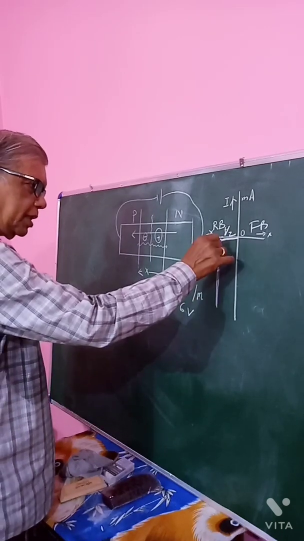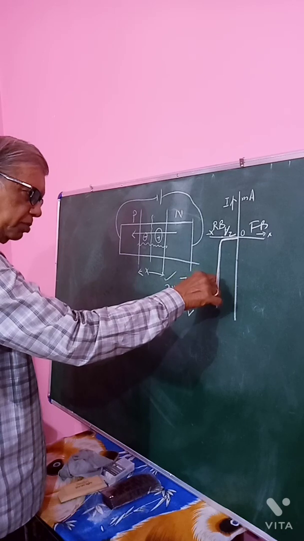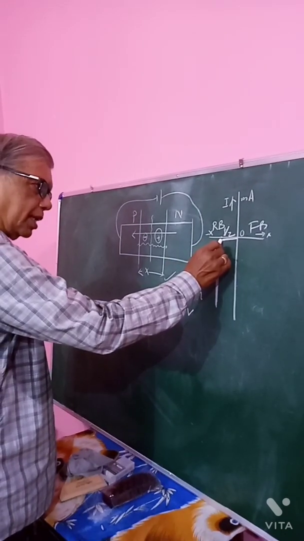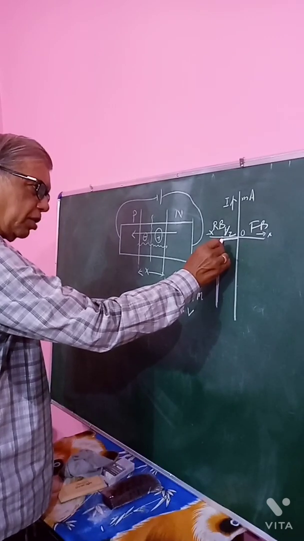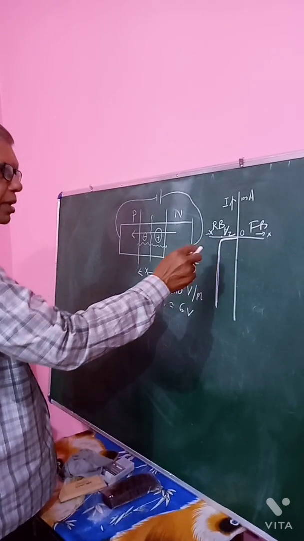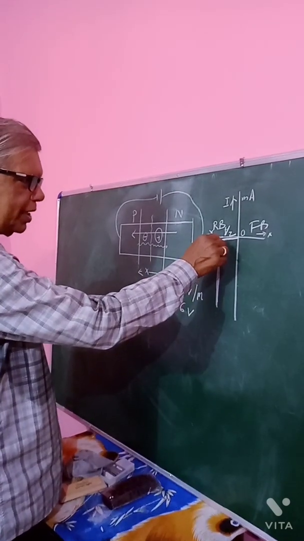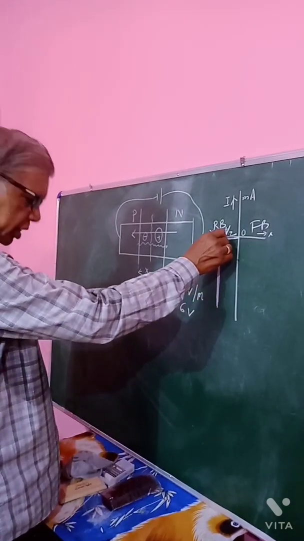In this region, the resistance falls very sharply, and this is the advantage of Zener, for which we can use it as a voltage regulator, because the current increases at a constant voltage Vz.